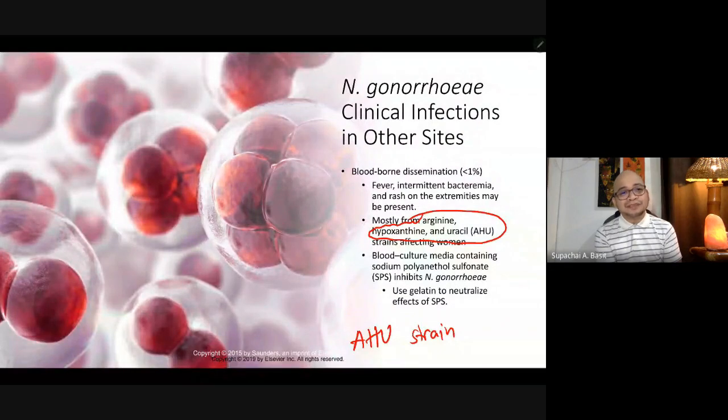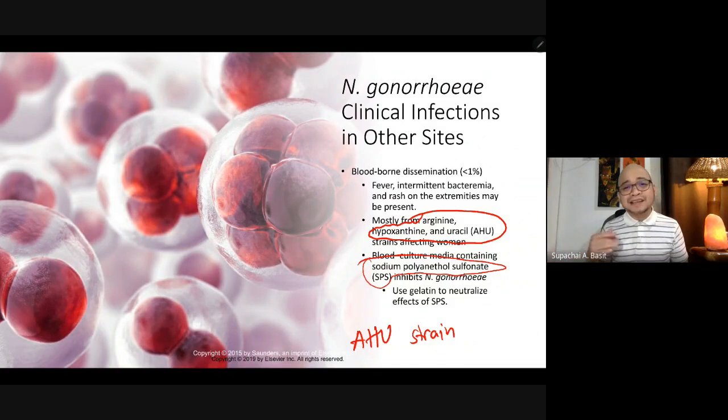So in order for us to determine if bacteremia has already occurred, we have to collect blood from the patient and culture it in blood culture medium. Whenever we want to do blood culture, we usually collect blood using SPS as anticoagulant. So SPS is known as sodium polyanethol sulfonate.